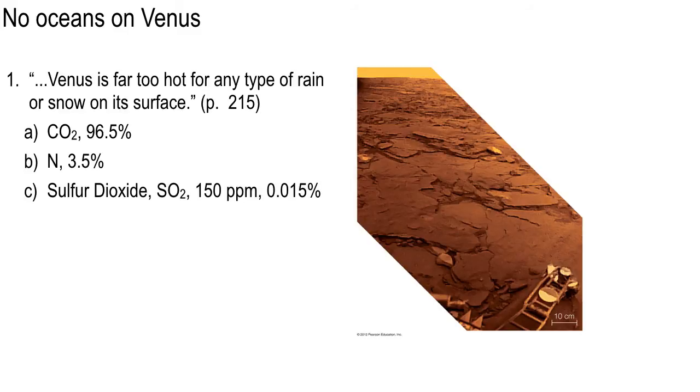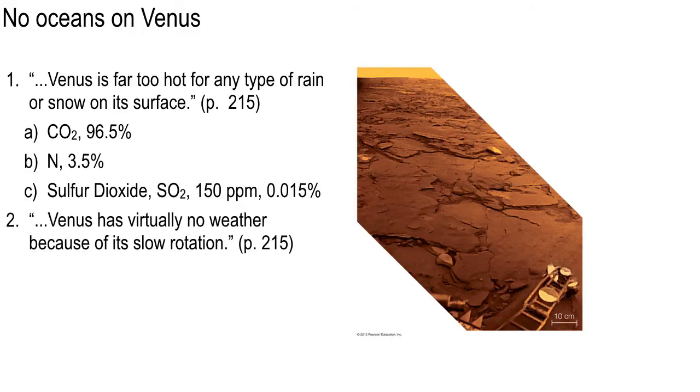So it's a pretty bad place to be if you're any kind of human or human-based technology. There's no weather because of the slow rotation. So you're just like in a Susie Homemaker shake and bake oven for 100 days or 50 days at a time, bake and bake and bake, until the cows come home.